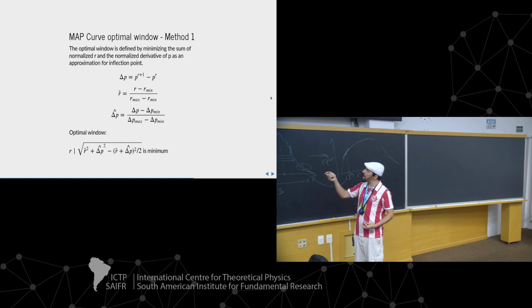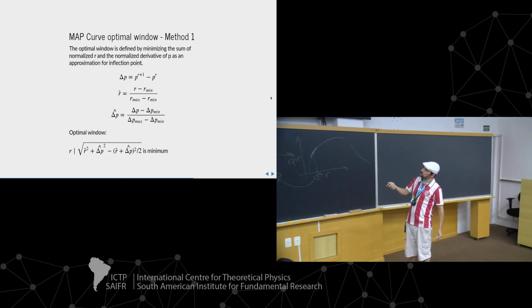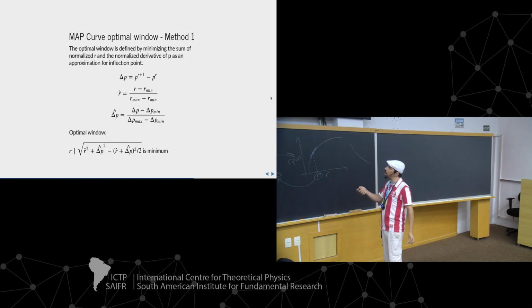So by minimizing this function, I'm balancing between them and trying to find the smallest window size with the highest accumulated case counts, or the smallest window size with a big enough difference of map curve.